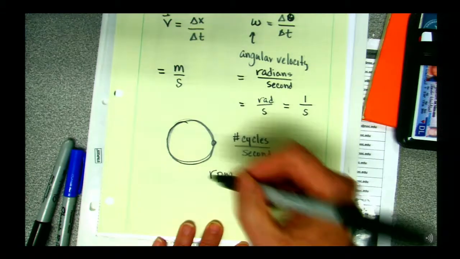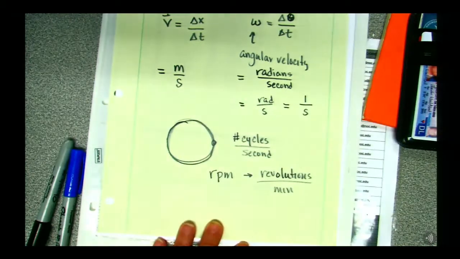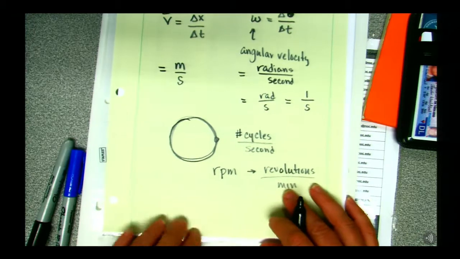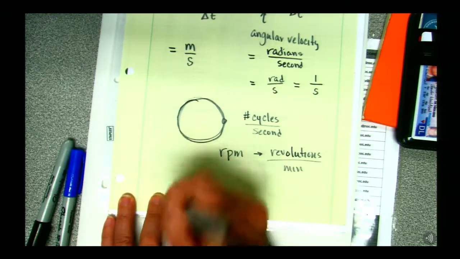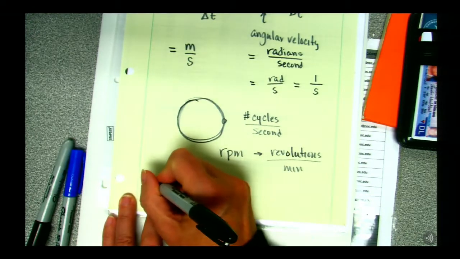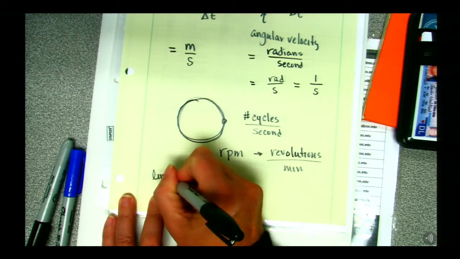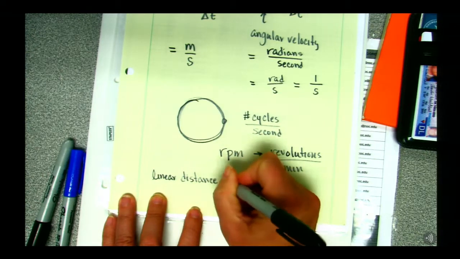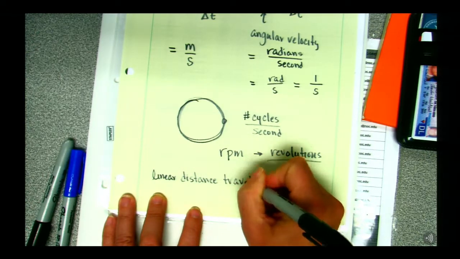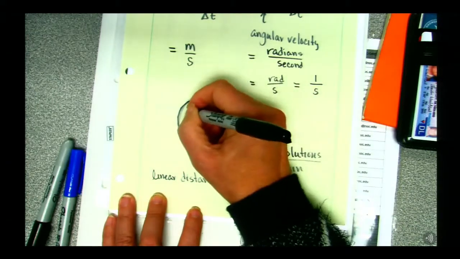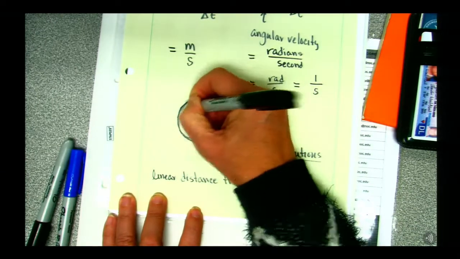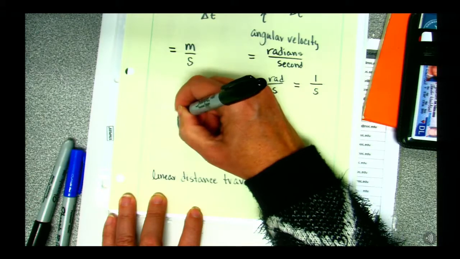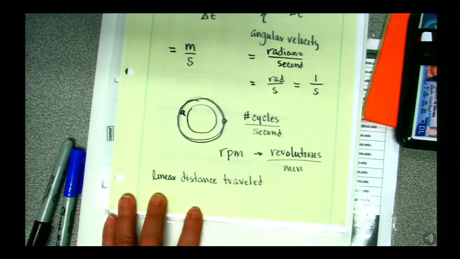So let's do one real quick. We want to find the linear distance traveled. We're going to make this a tire, and we're going to use a P on the tire. All of us usually have tires that are labeled something, so I'm going to use Pirelli tires, and we're looking at the capital P on a Pirelli tire.